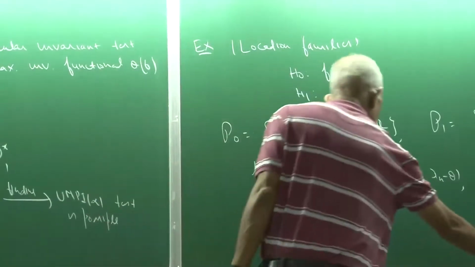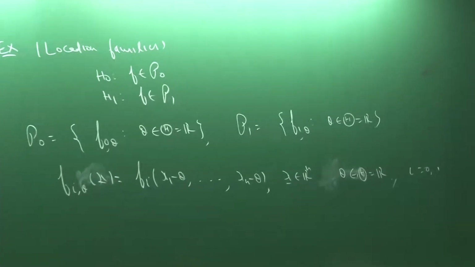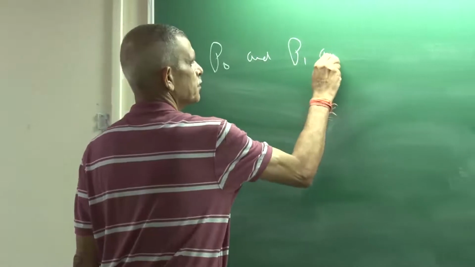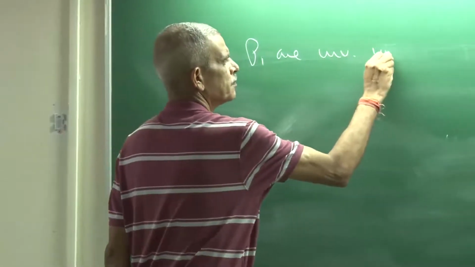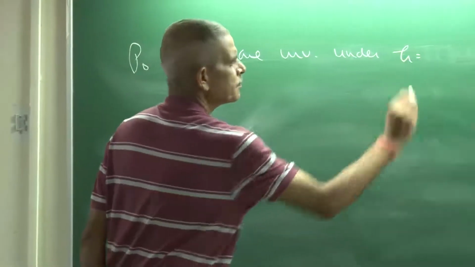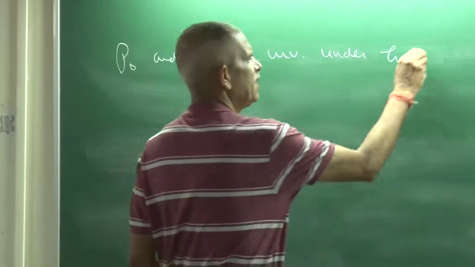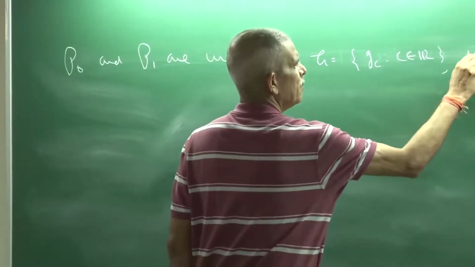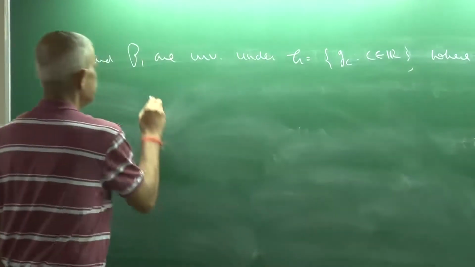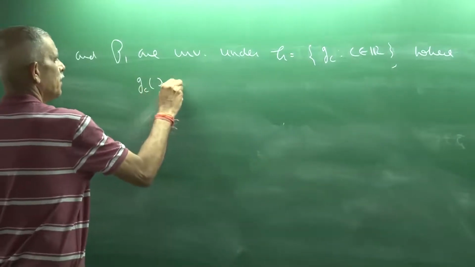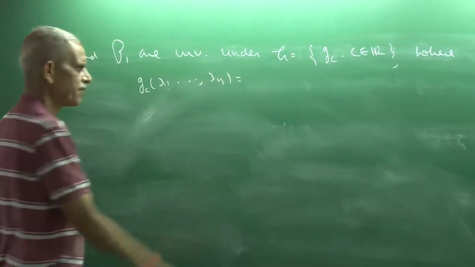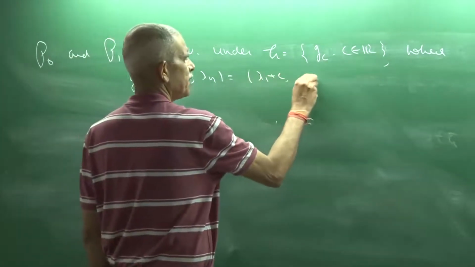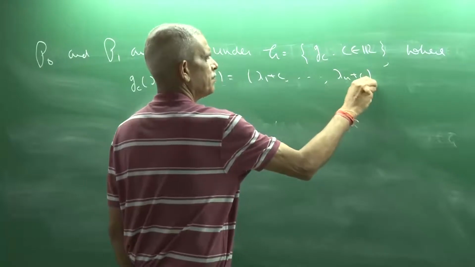So P0 and P1 are invariant under G, which is nothing but g_c, c belonging to R, where g_c of (x1, x2, ..., xn) is nothing but (x1 plus c, ..., xn plus c).